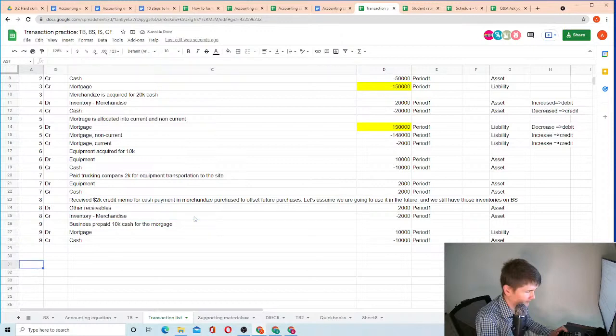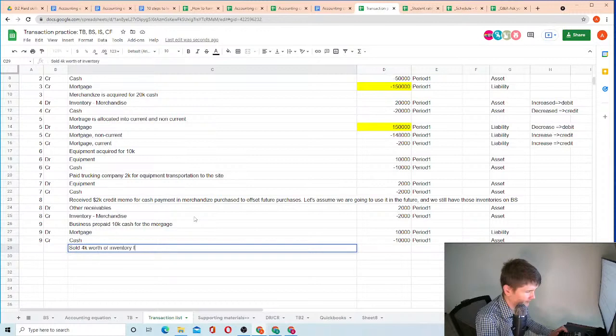Okay, let's talk a bit about revenue, expense, and its impact on equity. Let's say we sold 4,000 worth of inventory for 6,000 cash. 6K cash.